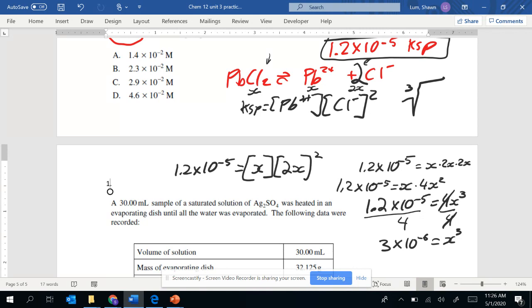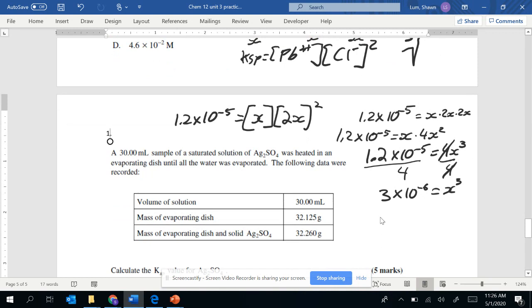But anyways, I'm going to go 3 times 10 to the minus 6. And since I did it on that side, that's just going to be x. So we're going to go, oops, syntax error. So I'm going to go the cube root of 3 times 10 to the minus 6.